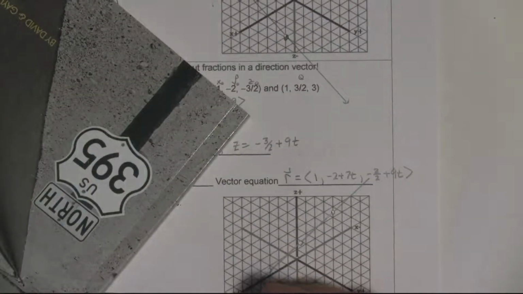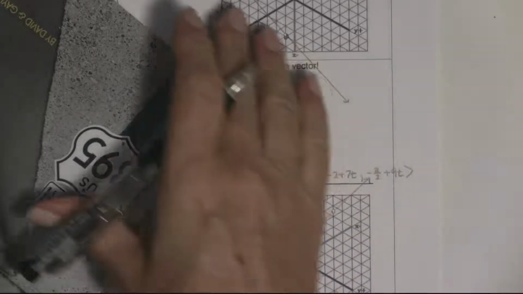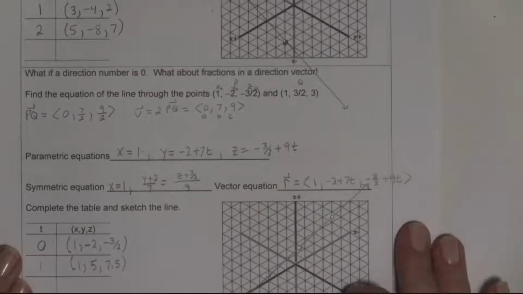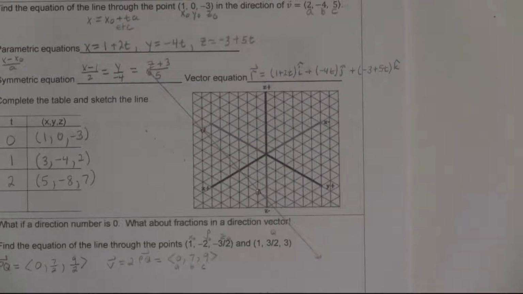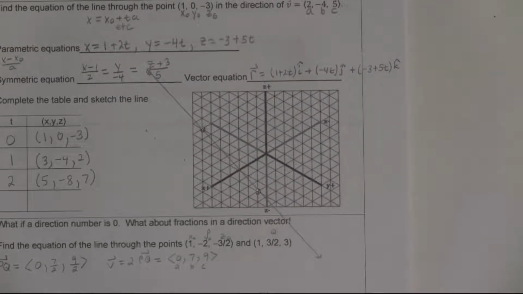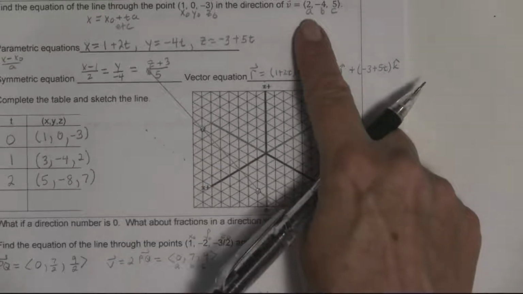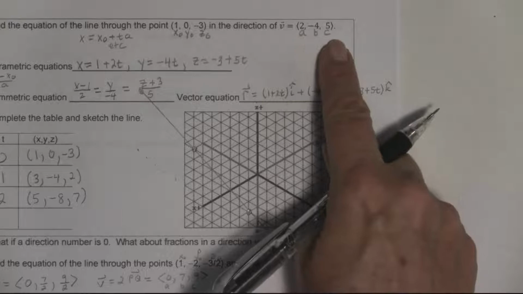Now, one thing that I meant to show you, so I'm going to back right up to this problem. I just wanted to put the direction vector on here. Here's our line, and the direction vector was 2, -4, 5.